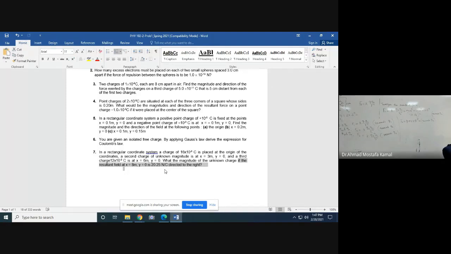Here also it is the same. Write, the field due to q1 is E1 equal to k q1 by r1 square. Okay.